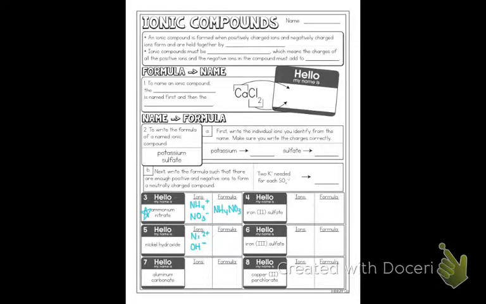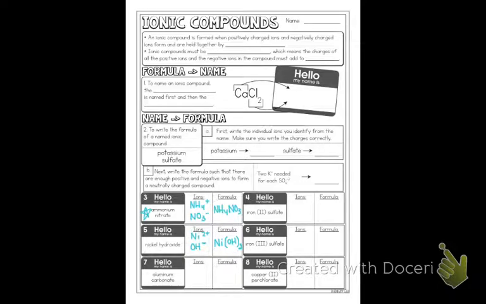I need to have 2 hydroxides at a -1 charge to balance out the nickel that is at a +2 charge. So I'm going to end up needing 2 hydroxides. 2 times -1 gives me -2, and when I add that to +2, I get 0. So the formula will be Ni. Now polyatomics, if they have subscripts, I need to put them in parentheses like so, with a little 2 outside.